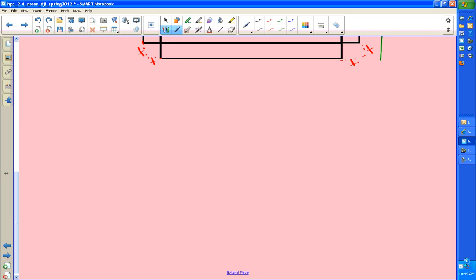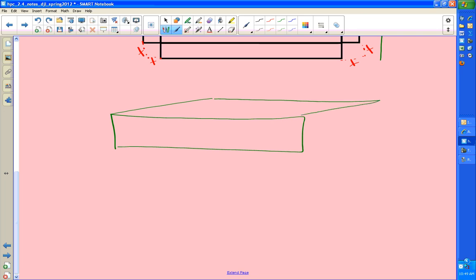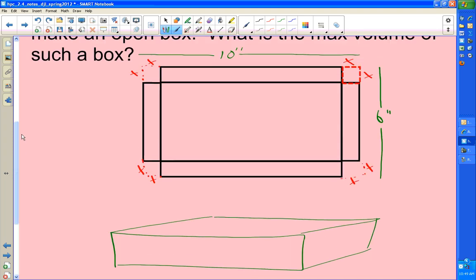When we fold it, you're going to get this box like this. How tall will the box be? When we fold up these sides, the box will be x units tall.